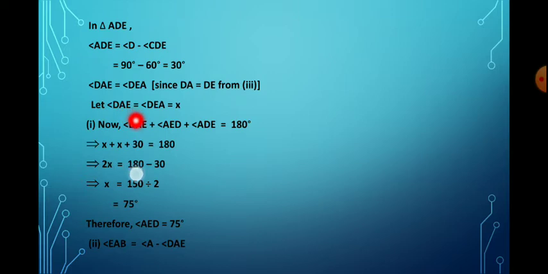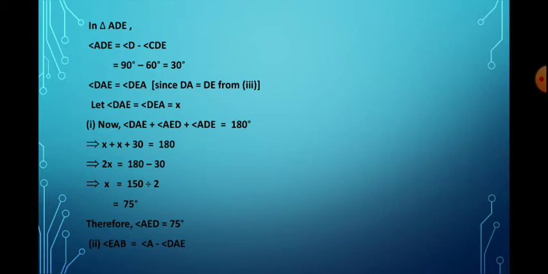So let angle DAE equal angle DEA equal x. Now angle DAE plus angle AED plus angle ADE equals 180 degree. So 2x plus 30 degree equals 180 degree. 2x equals 180 minus 30 degree. So x equals 150 divided by 2, that is 75 degree. Therefore, angle AED is equal to 75 degree.